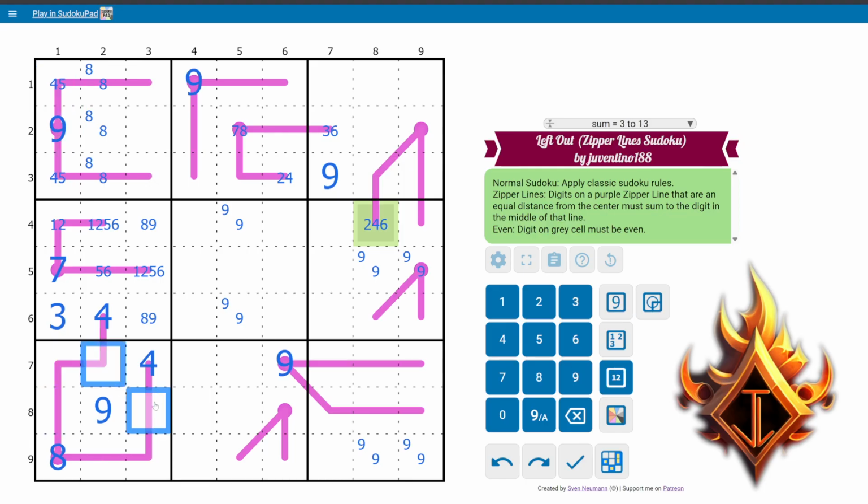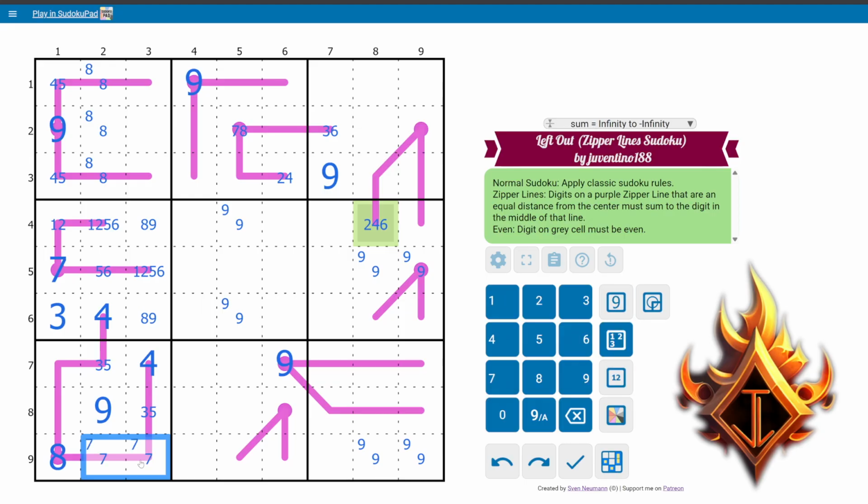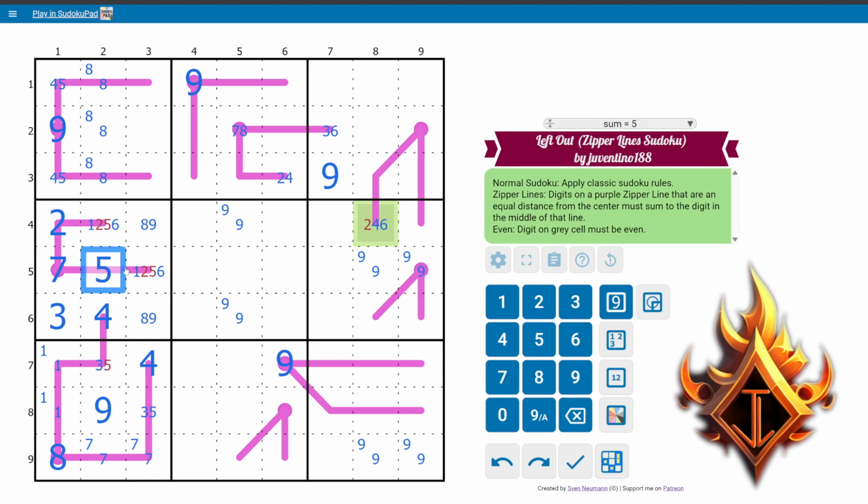So since 3 has to be in one of these, so does 5. Now 7 has to be down here, which is going to put 1 over here. So that will put the 2 there. It'll put 5 there.